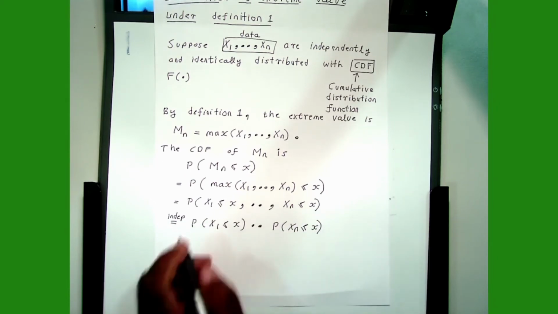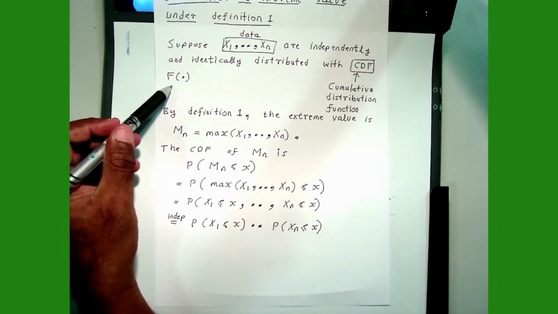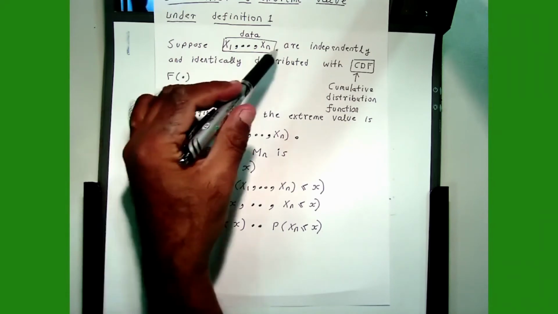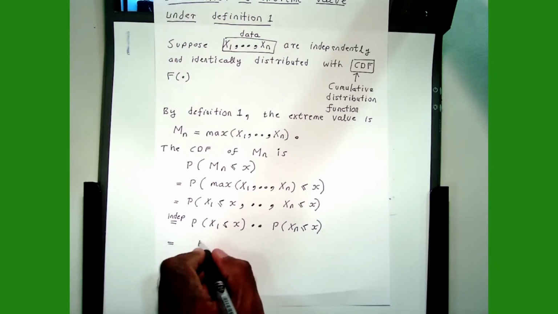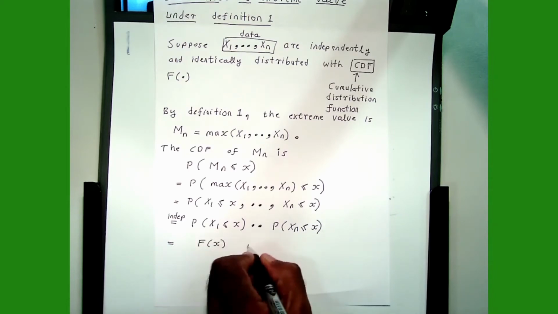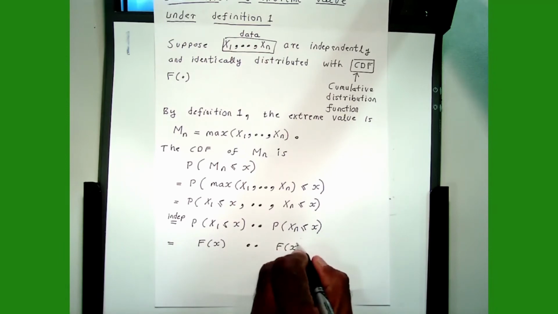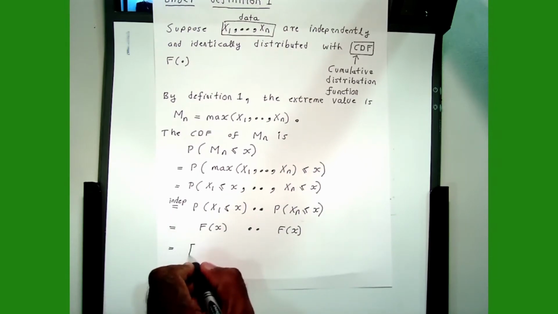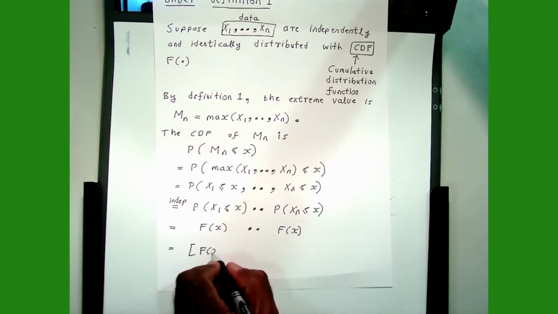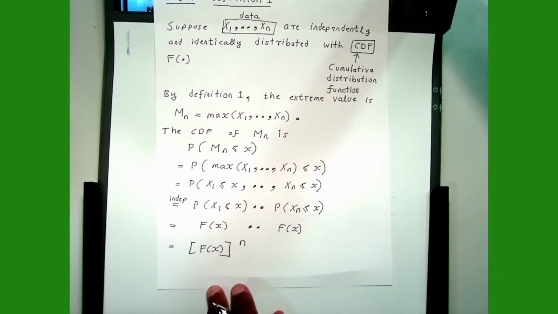Now we are told that x1 to xn each has CDF equal to F. This is the CDF of x1 to xn, which means that this guy here must be equal to F at x, and this guy here must also be equal to F at x. And hence what you have is F of x raised to the power n.